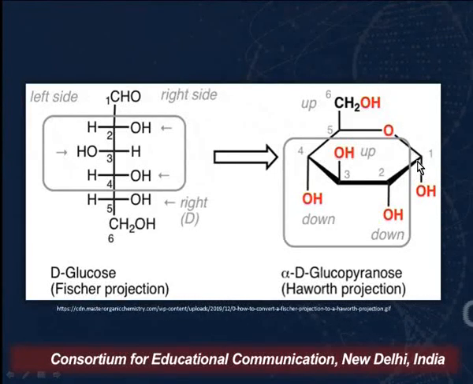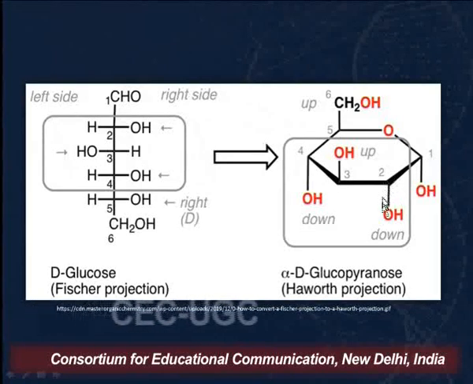Next, we have to look into the orientation of the other groups. What you have to remember is that the groups on the right hand side will go below the plane of the ring. That means the OH on the second carbon and the OH on the fourth carbon will be below the ring.